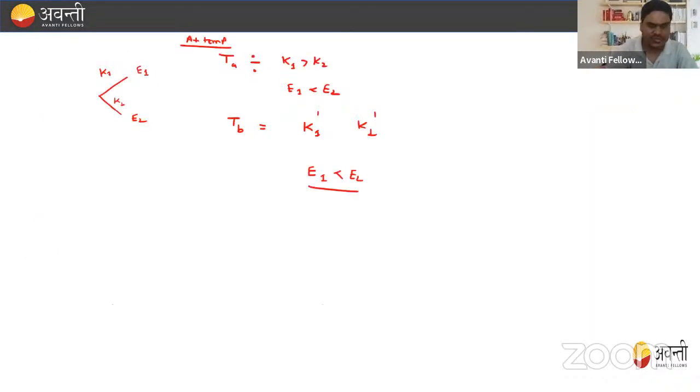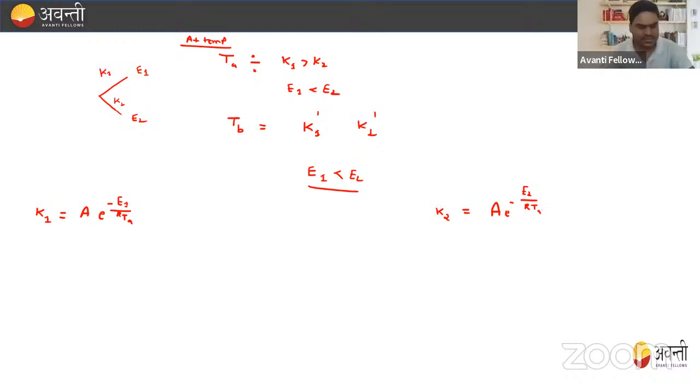Let's see how we will solve this. We know from the Arrhenius equation that K1 is nothing but A e raised to the power minus E1 upon RTA. Similarly, K2 is nothing but A e raised to the power minus E2 upon RTA.